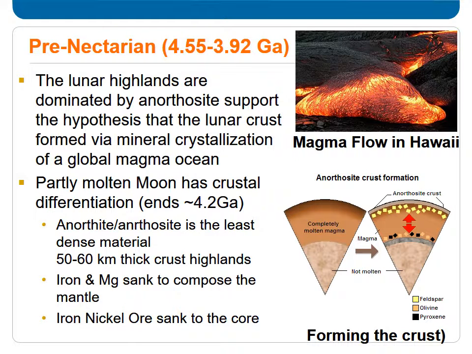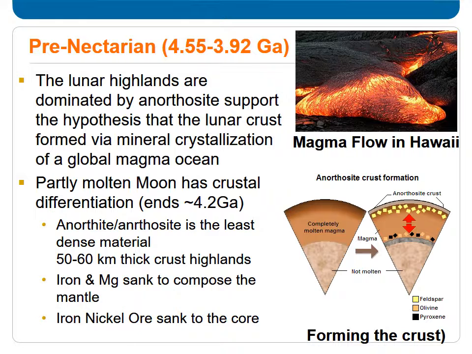From 4.55 billion years ago, the time of the initial formation of the Moon, to 3.9 billion years ago, when the Nectarian basin was formed by a large impact, the pre-Nectarian era lunar terrain is thought to have been dominated by the type of rock anorthosite, which suggests that the early stage of lunar crustation occurred via mineral crystallization of a global magma ocean.